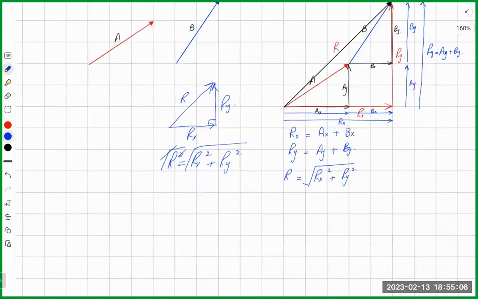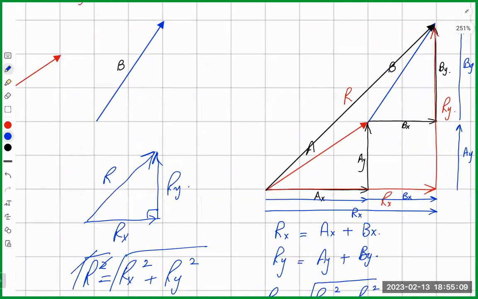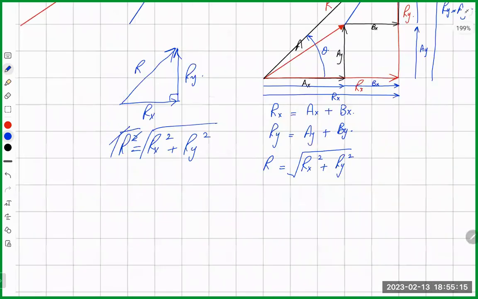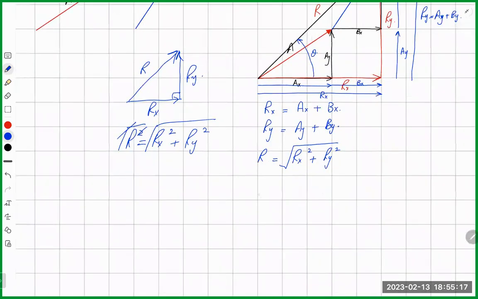But because it is a vector, we also need direction. So what will be the direction of this thing? This is theta. So theta will be tan inverse of the resultant's y component over the resultant's x component. Okay, this is a way that only requires a calculator.